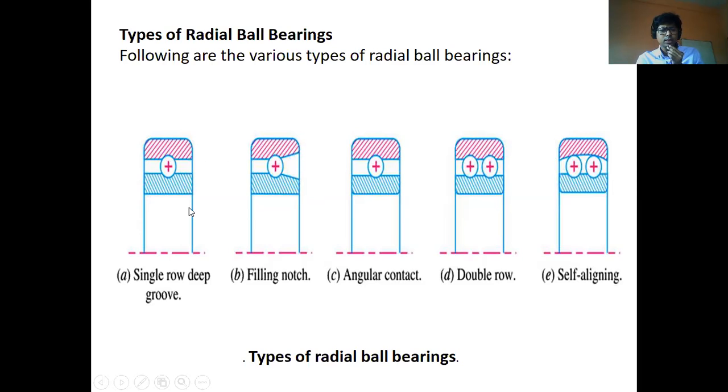It looks like a single groove bearing, but the inner race and outer race have some inclination, hence angular contact bearing. Then double row, then self-aligning. In these cases there is no chance of the balls coming out of the races.